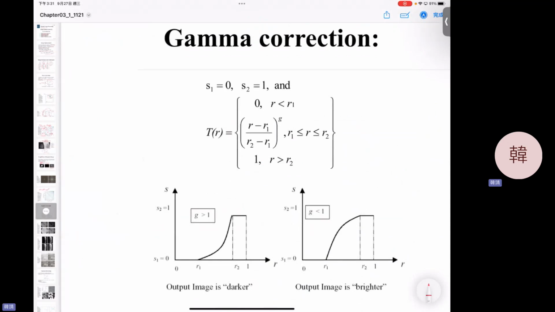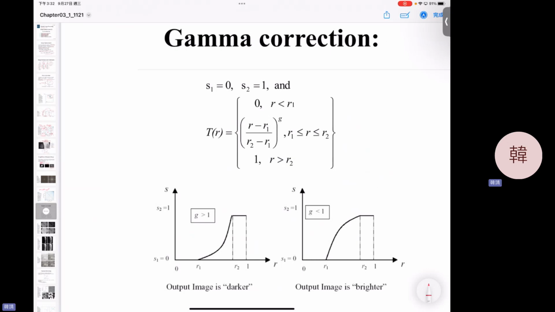Due to your electronic device, the distribution will look like this one, so it's not very clear. So you have to apply a power with gamma greater than 1, focusing on a specific range R1 to R2 here. How do you change it? You have to use this formula to change your r to s. The transformation is dependent because your intensity level only focuses on R1 to R2.